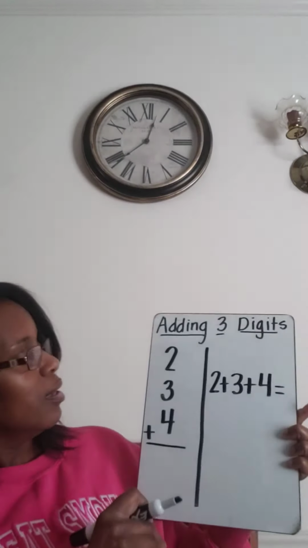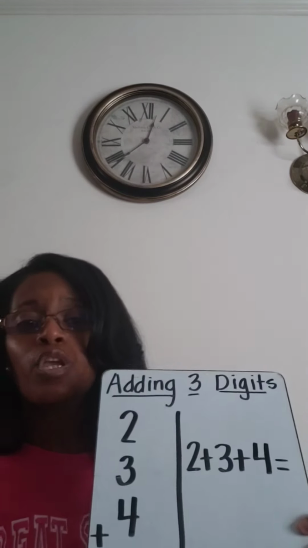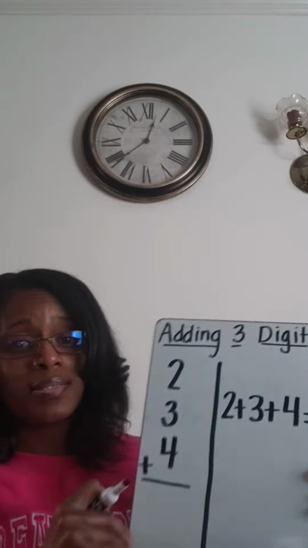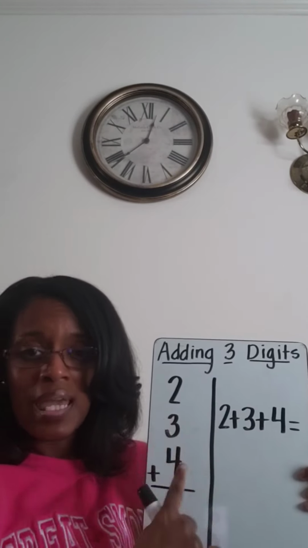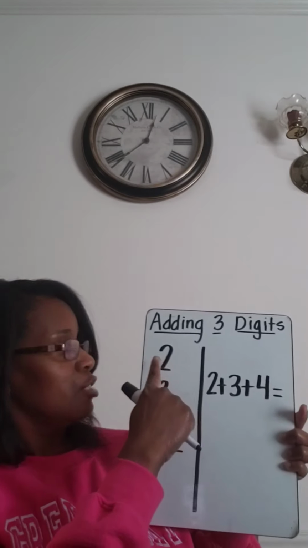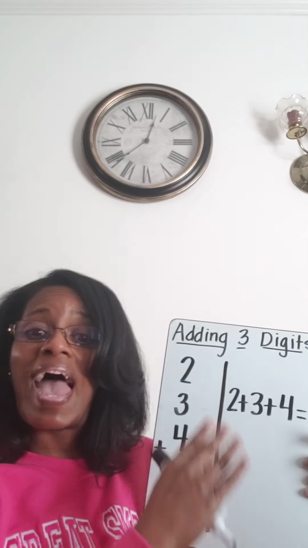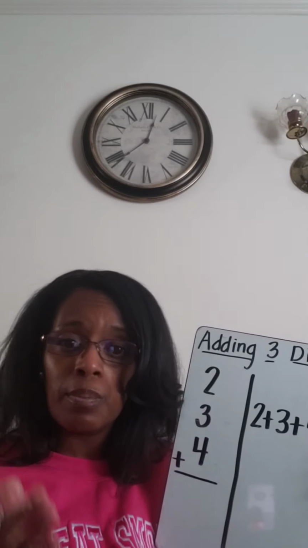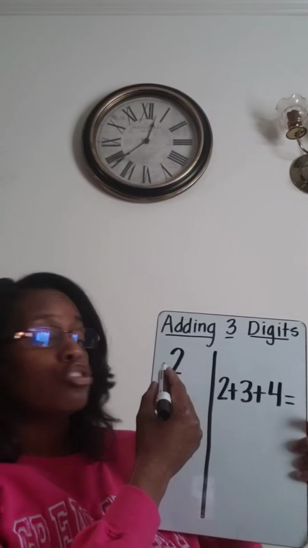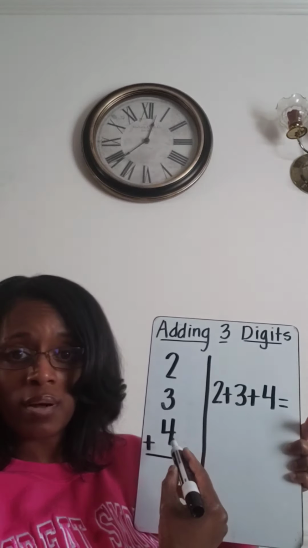Now, I want you to look at my problems that I have. I have two, three digits, and they're adding them together. Now, let's look at this first one right here. If you notice, this says 2, 3, and 4. But because we're adding these numbers, we're going to read it just like we would a number sentence. So we say 2 plus 3 plus 4, okay?